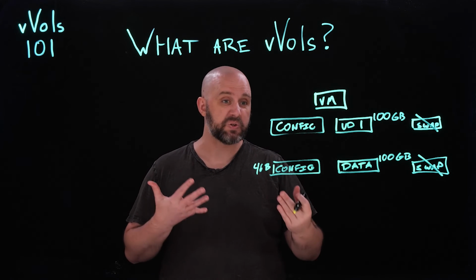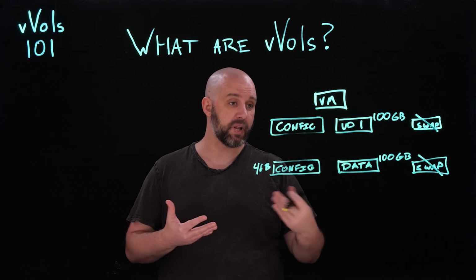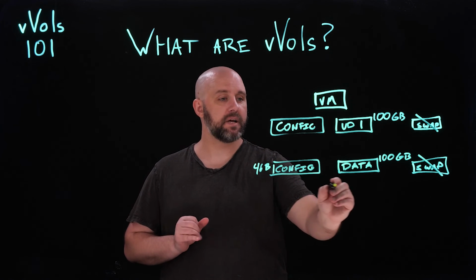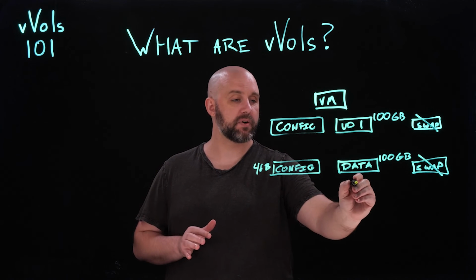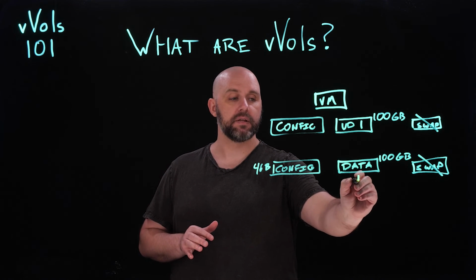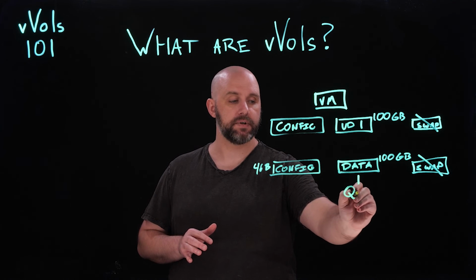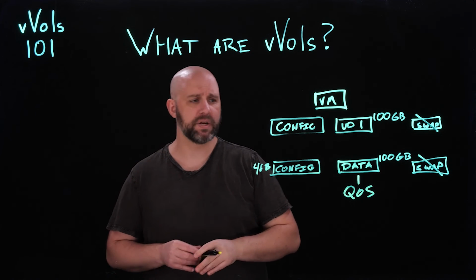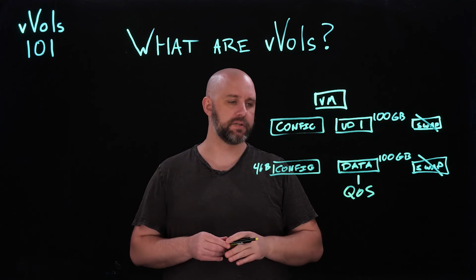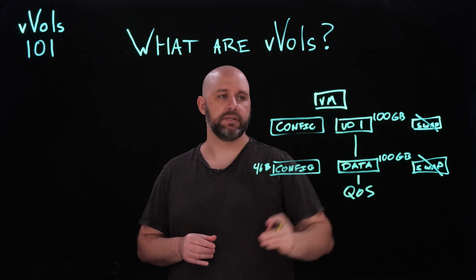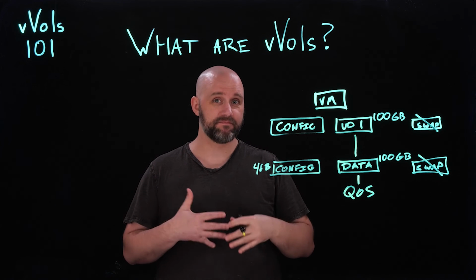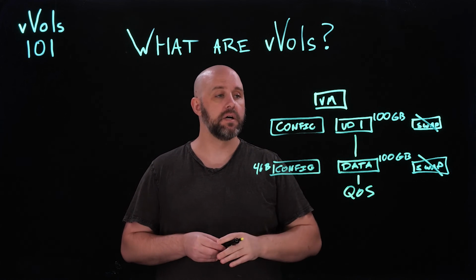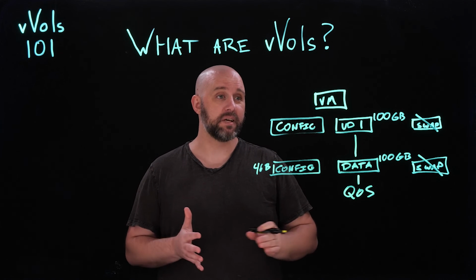So when I want local snapshot protection, or if I want to apply QoS, I don't have to apply QoS to my config because I'm not too worried about the IOPS and bandwidth that are going to it, but maybe I want to make sure that this one has QoS applied to it so that it's a limit of 1 GB per second total bandwidth that can be sent to it. And so then that can be applied directly to that virtual disk. So you have that granular control of your storage and the configuration at that individual virtual disk and VM level.